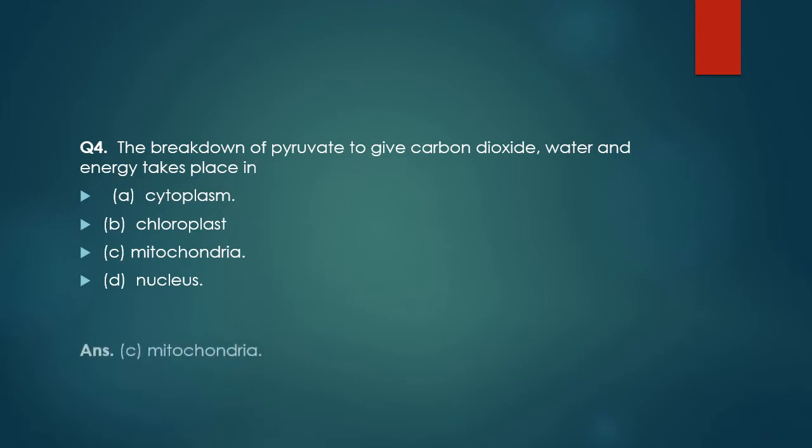That part is in the mitochondria. The process name is the Krebs cycle, or TCA, the tricarboxylic acid cycle. Here we are breaking pyruvate to release these things. Aerobic or anaerobic? Of course it's the aerobic mode of respiration.